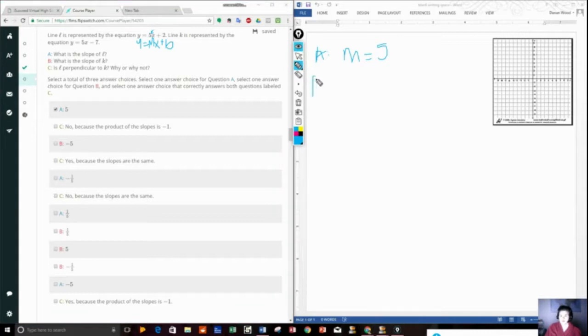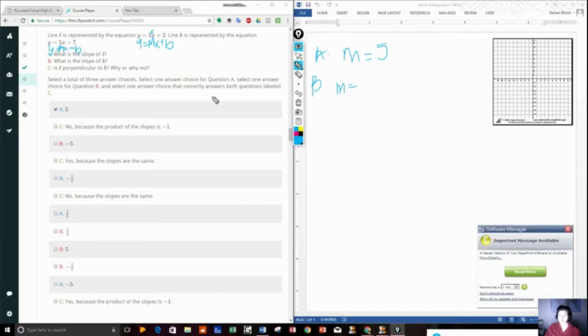So question B, what is the slope of K? And again, I'm looking at the equation y equals 5x minus 7. That is in slope-intercept form, and it's y equals mx plus b.